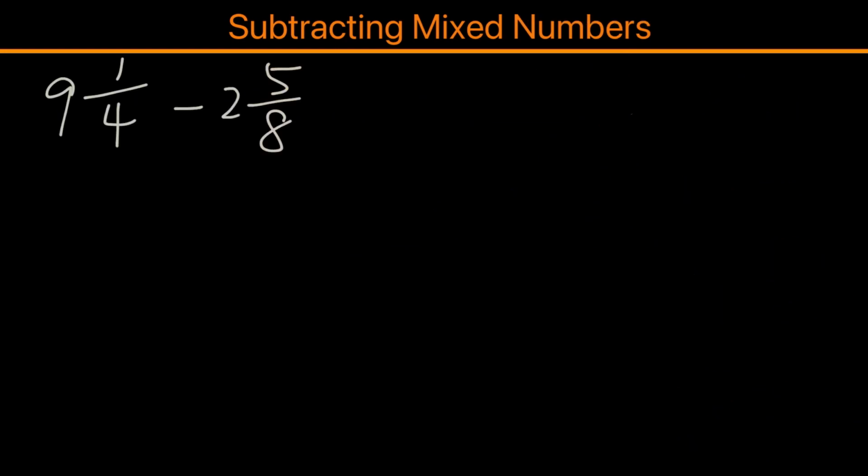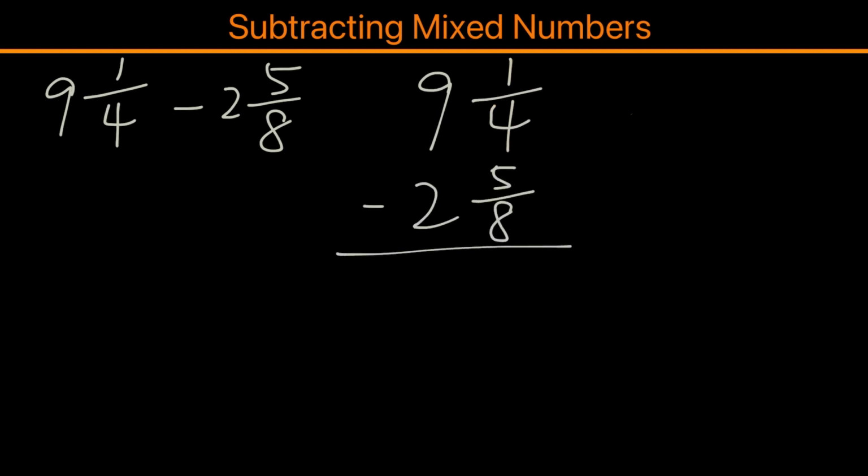Here is another example. We first align the whole number and the fraction. Then we find out the greatest common factor to get the denominator the same. So 4 we need to times 2, 8 need to times by 1.